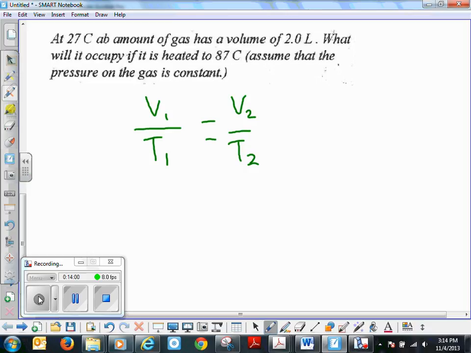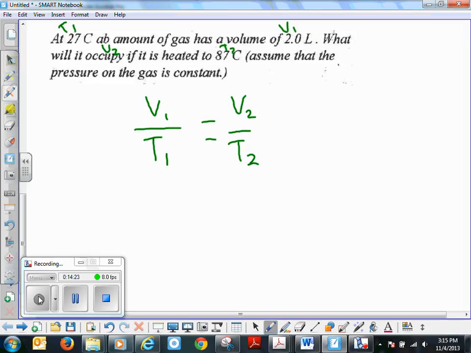So I'm going to say this right up here, then must be T1, and this is V1. What will it occupy? Okay, so that occupy must be what? Space, right? Because volume is space. So how much space will it occupy? So this is V2, which we're looking for, and this is T2.